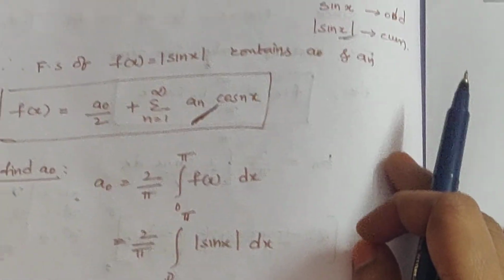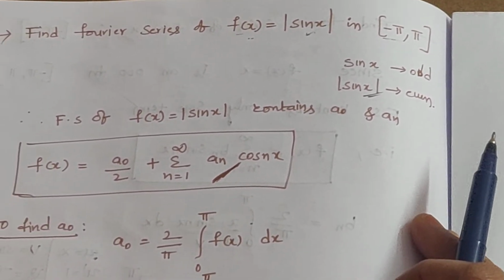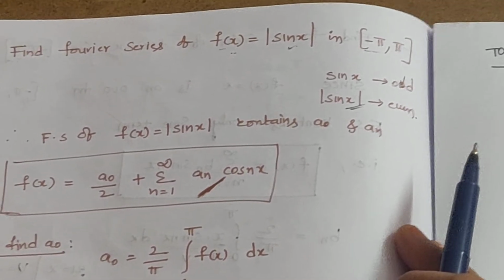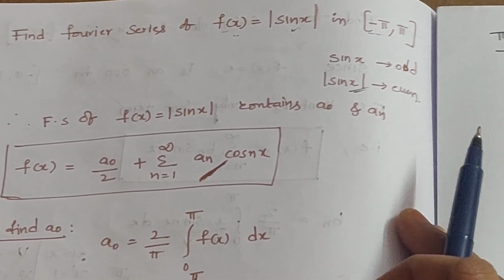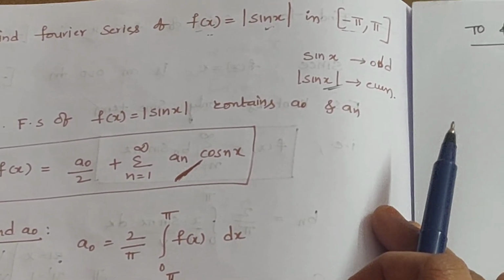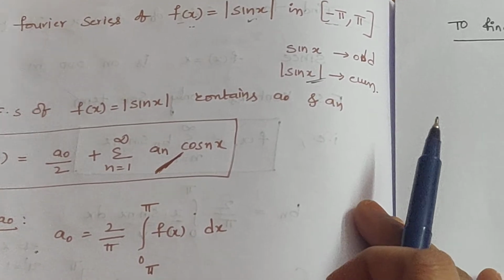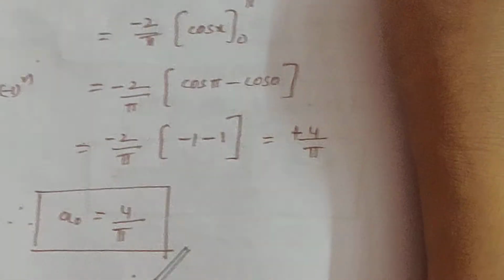If the given function is odd, then the Fourier series contains only sine terms, that is only the bn term. Here we observe the given function mod sin x is an even function, so its Fourier series contains only a0 and an terms. a0 we determined, that is 4 by pi.